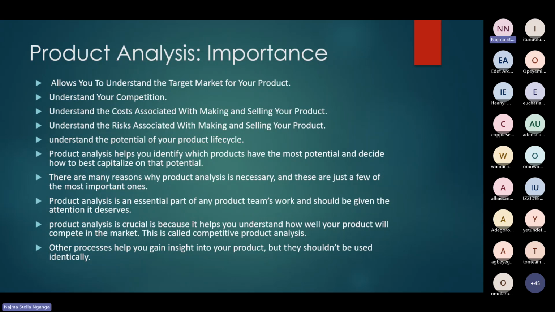Then you need to understand the risks associated with making and selling your product. So when it comes to risks, what kind of risks can you have when you're building an app? One, there are cybersecurity risks. Two, there are internal risks. Maybe one of your developers is disgruntled.